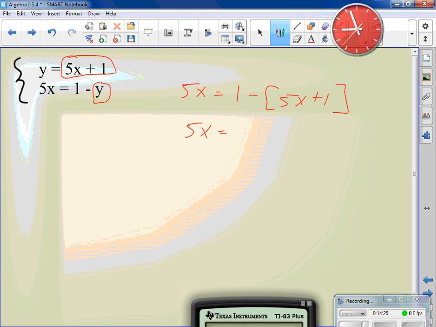5x equals 1. This negative, you have to be careful about because it goes to the 5x and the 1. So it's -5x minus 1. Now I can combine my like terms. What are my like terms?